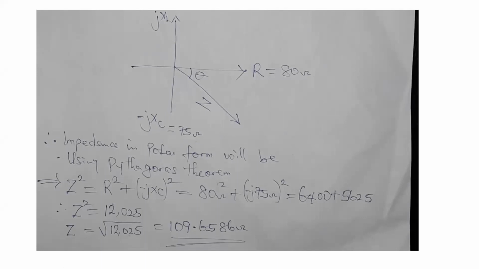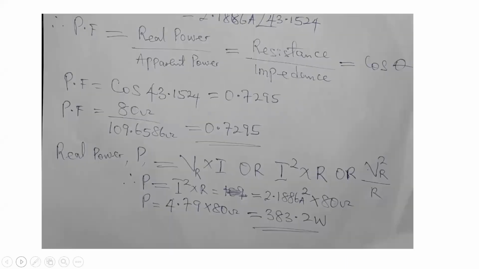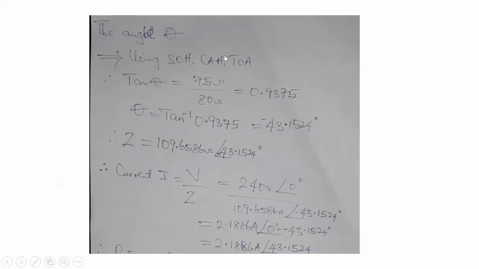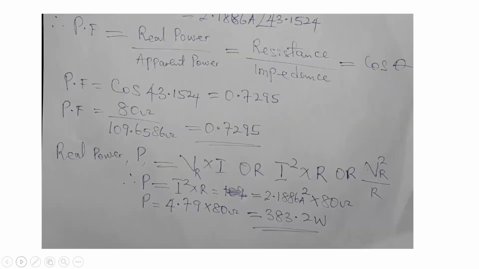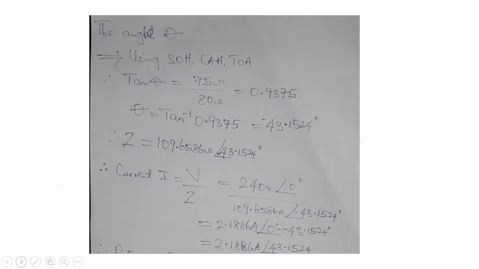So when you combine them in the circuit, you will have resistance over impedance. And when you use your SOHCAHTOA, resistance is the adjacent, impedance is the hypotenuse, and it is equal to cos theta. Likewise, the real power and the apparent power.